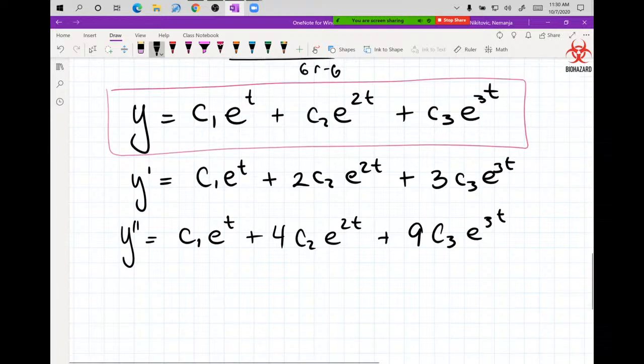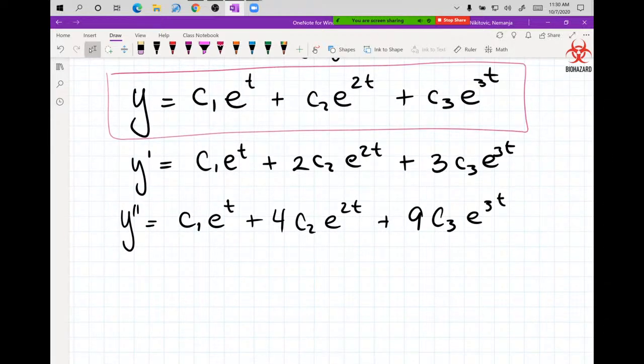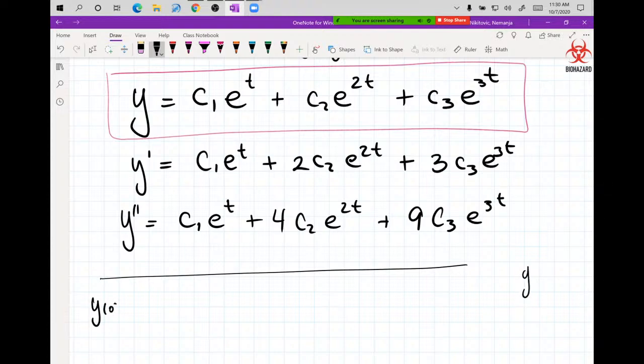And we plug the values in. So the first initial condition, y of 0 equals 0, gives us the equation 0 is equal to C1 plus C2 plus C3, because when all of the t's are 0, then e to the 0 turns to 1.